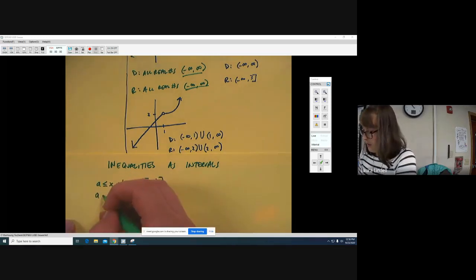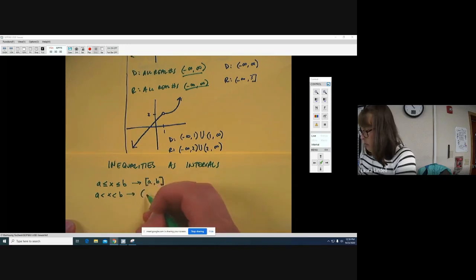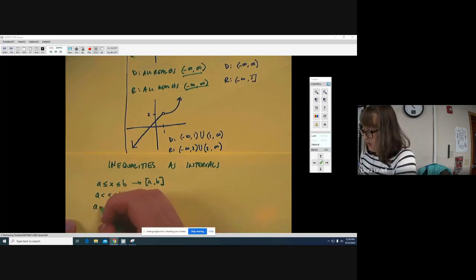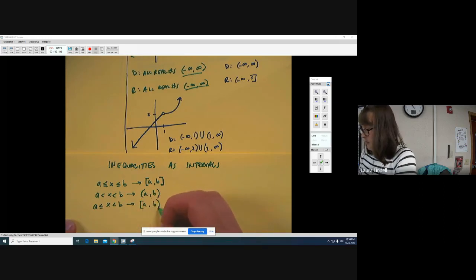If it's strictly less than, then that would be the parentheses. If it's less than or equal on one side, then it would be a bracket on one side and a parenthesis on the other.